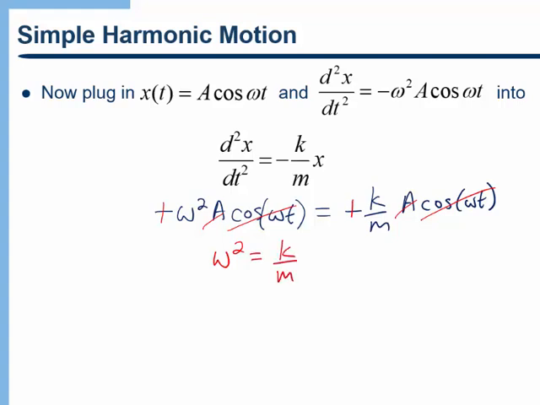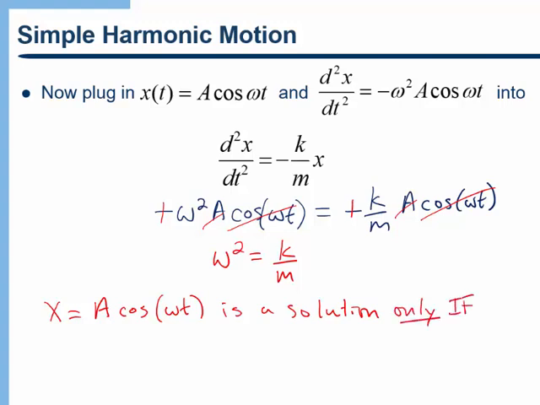So here's what we've learned. x equals a cosine omega t is a solution only if omega is equal to the square root of k over m. Okay? So x equals a cosine omega t is a solution only if omega is equal to the square root of k over m.